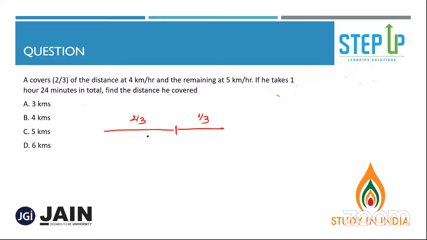So again, I'll assume what number? I'll assume 30 kilometer because it's divisible by 3. So 2/3 of the distance will be 20 kilometer and 1/3 of the distance will be 10 kilometer.